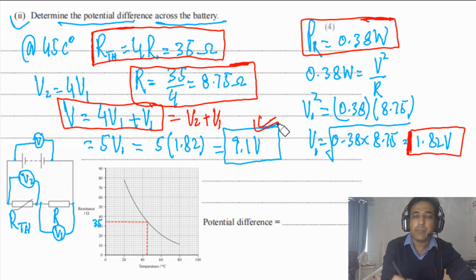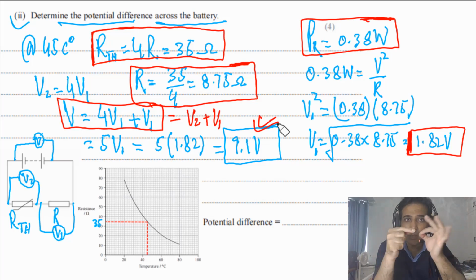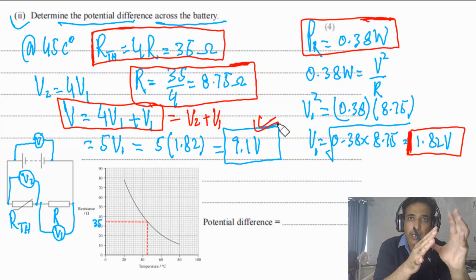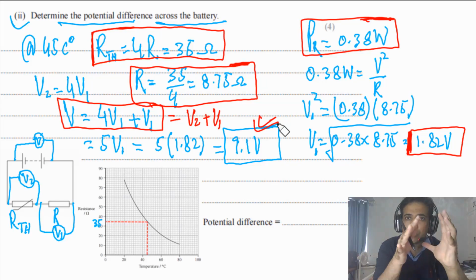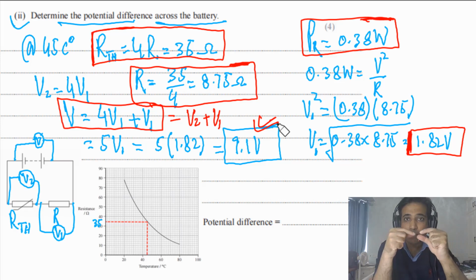Step by step, sequence is very important. For physics, you have to look at what is given to you, and also they will ask you something to calculate, so you need to keep an eye on that. Then think about what you have and how you can use it to reach the final answer. That sequence between given data and the final answer you need to develop, and that can be developed with practice.